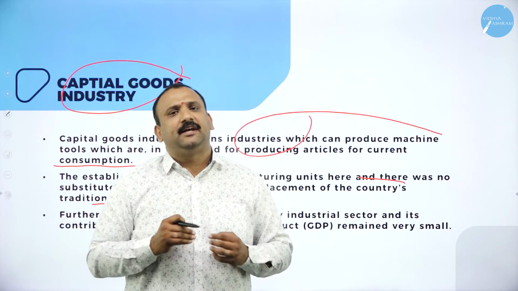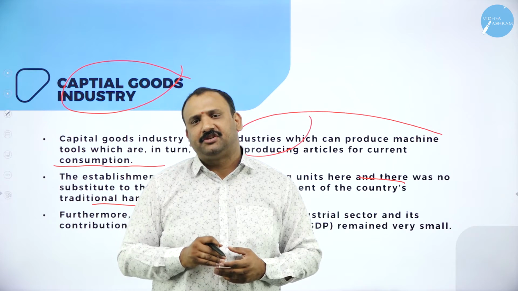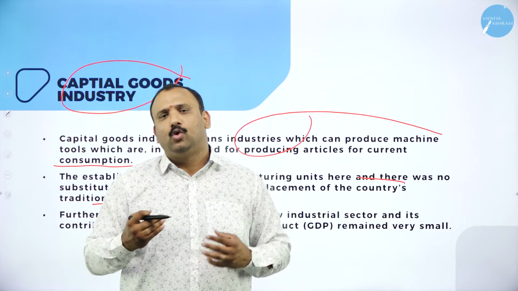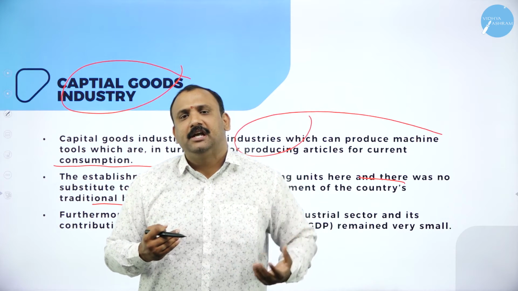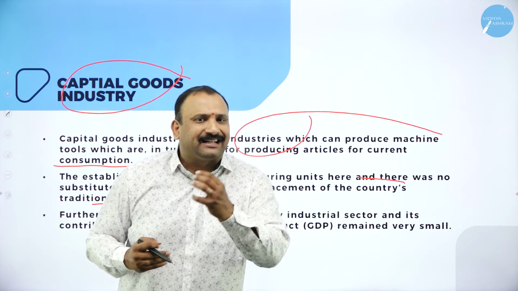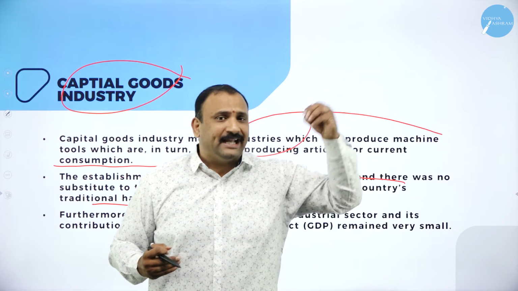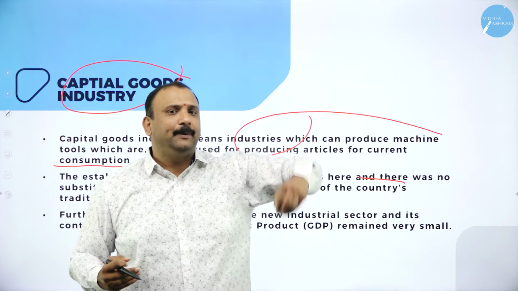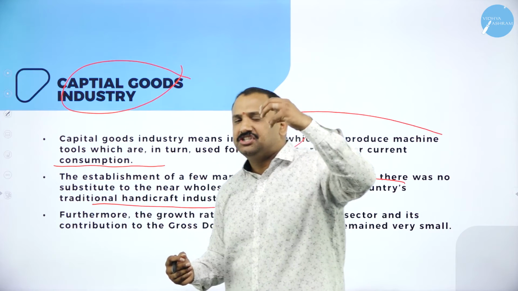Few industries here and there sprung up, and we were trying to support the manufacturing industry. We were trying to make them grow. We were trying to make them understand the need for manufacturing, the need for growth altogether. So though we did not make a rapid progress, though we did not try to come up with something very big, essentially if you see, capital goods had made a beginning at that juncture altogether.